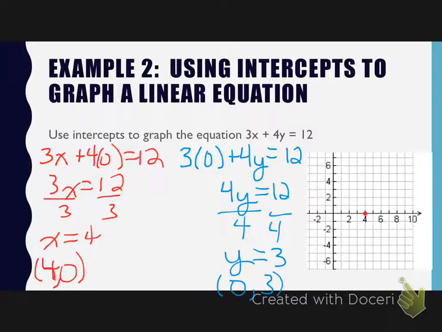Remember, 0, 3 means go over 0, up 3. So I'm going to put the point there. Now the line, if I can get it to go right here, goes through those two points. And that's how you're going to graph using x and y intercepts.